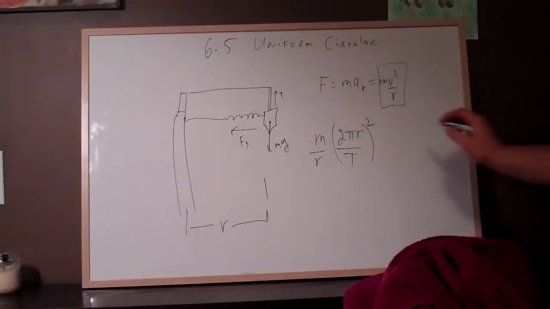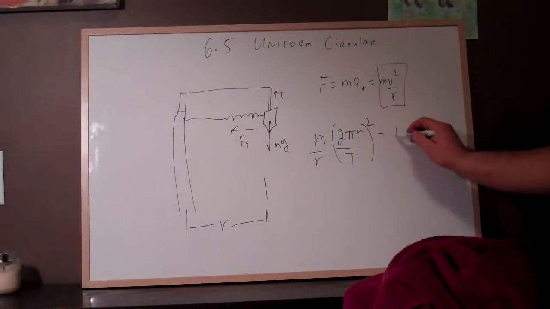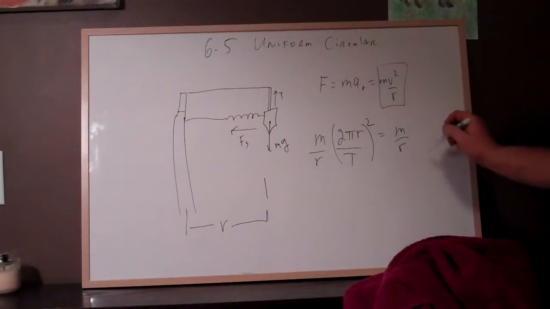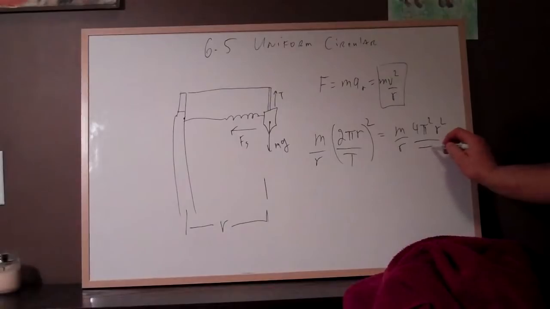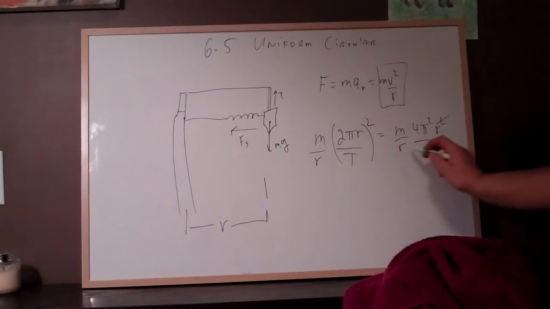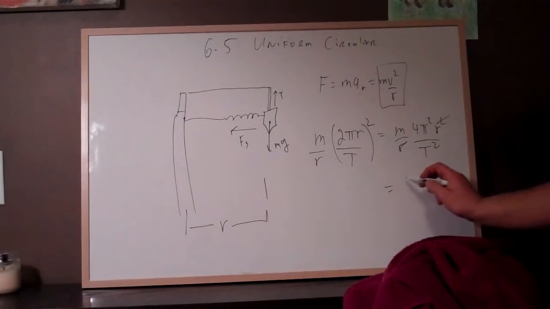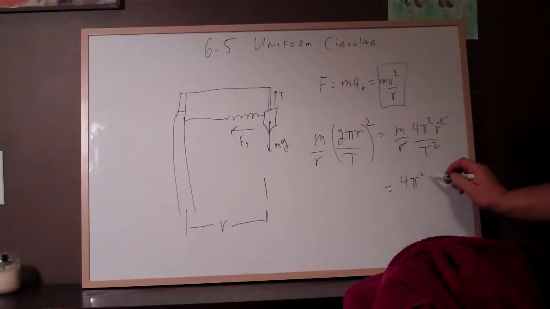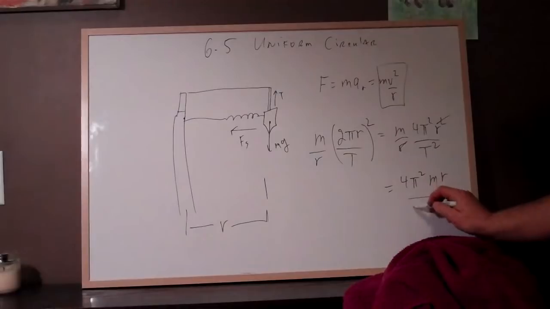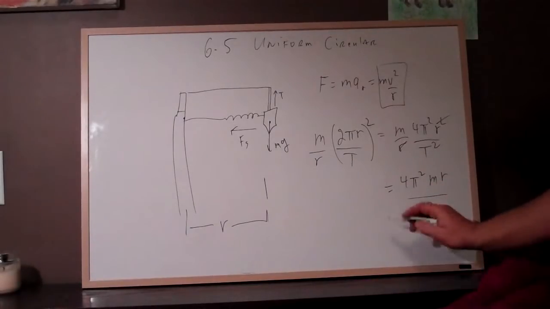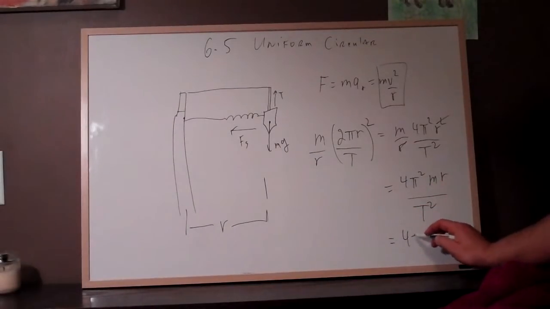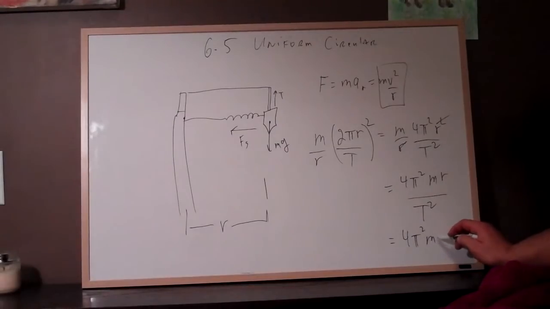That's perfectly good. So we have m divided by r times the speed from this equation squared, so 4 pi squared r squared divided by T squared. One of the r's cancels out. So the force towards the center would be 4 pi squared m r divided by T squared, or 4 pi squared m r times the frequency squared.